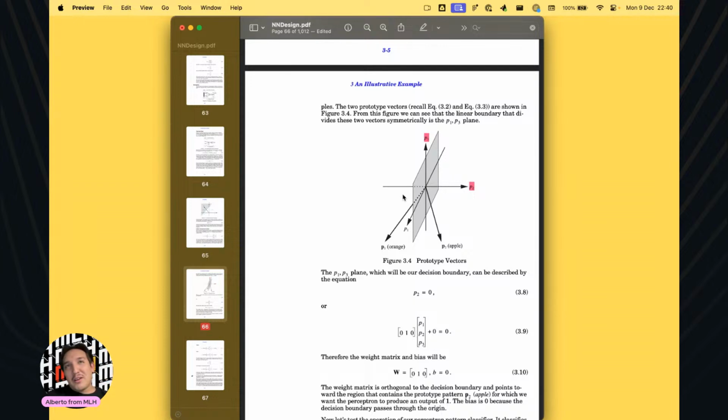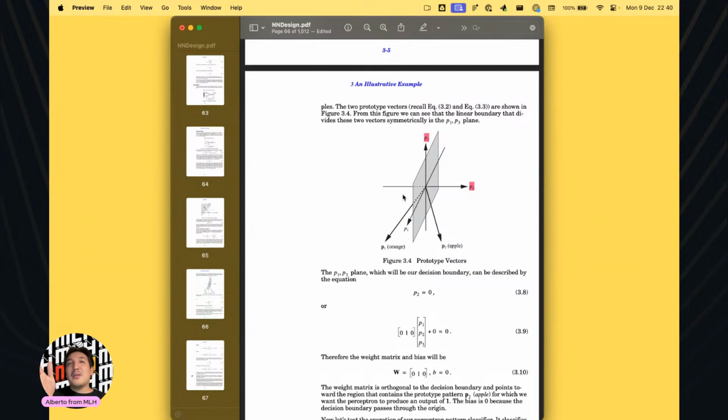So graphically, we can see that it's on the side of the orange, right? I talked to you about how we can take many planes that separate oranges and apples that are not symmetrical.